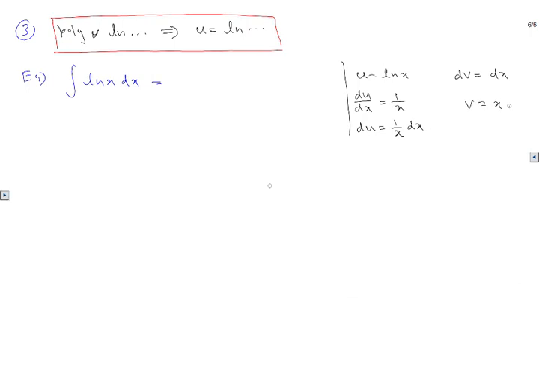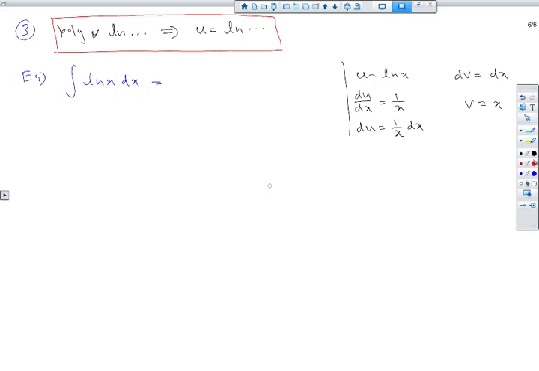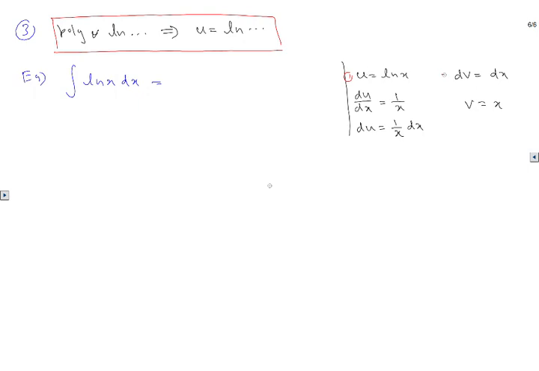So we have everything we need. We have all 4: 1, 2, 3, and 4. So let's plug in uv minus integral of v du. uv is the product of the two, so it's x ln x, minus v, which is x, times du, which is 1 over x dx.